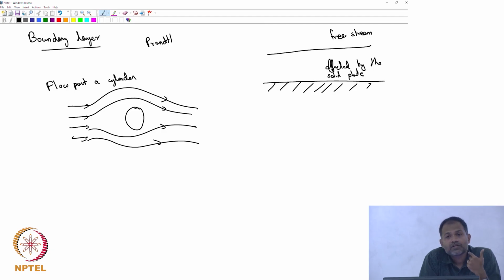Now people thought, okay, we will calculate these forces, and when they tried to compare experiments with Bernoulli's equation, they found that they are able to predict lift forces very accurately, but not drag forces.